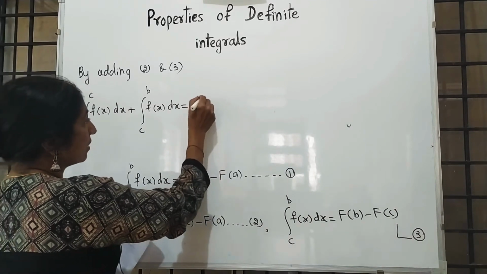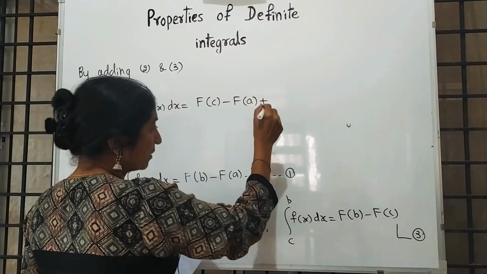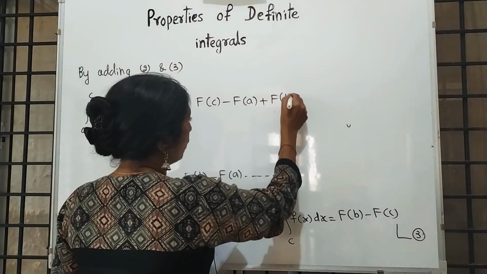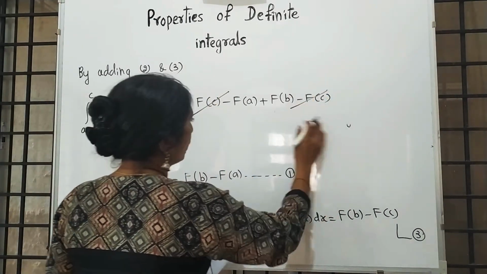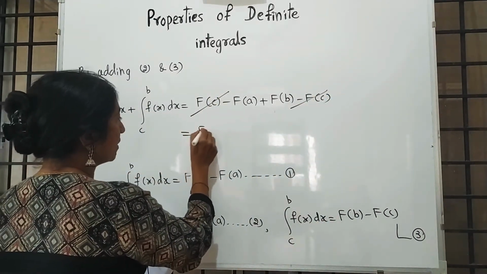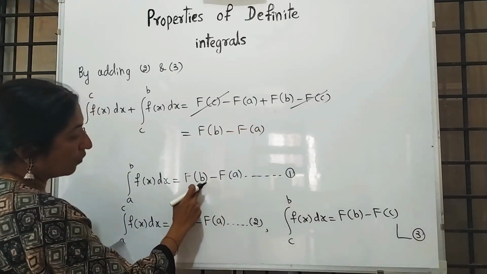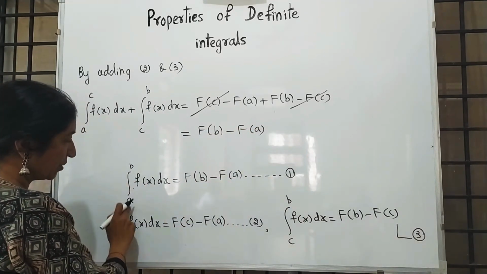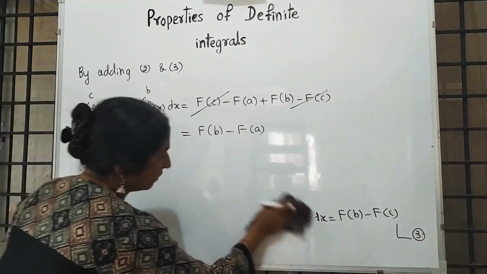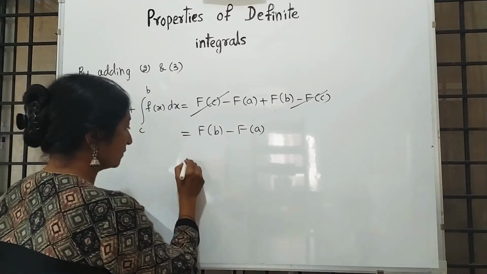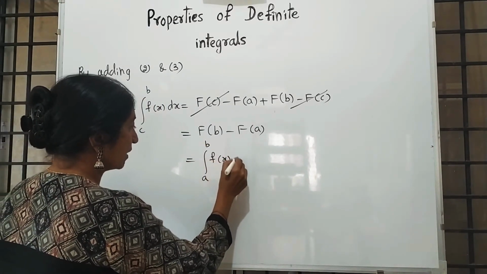On the right side, f of c minus f of a plus f of b minus f of c. The f of c minus f of c gets cancelled. What is remaining? f of b minus f of a. But what is f of b minus f of a? See the integration. It is integration from a to b, f of x dx.